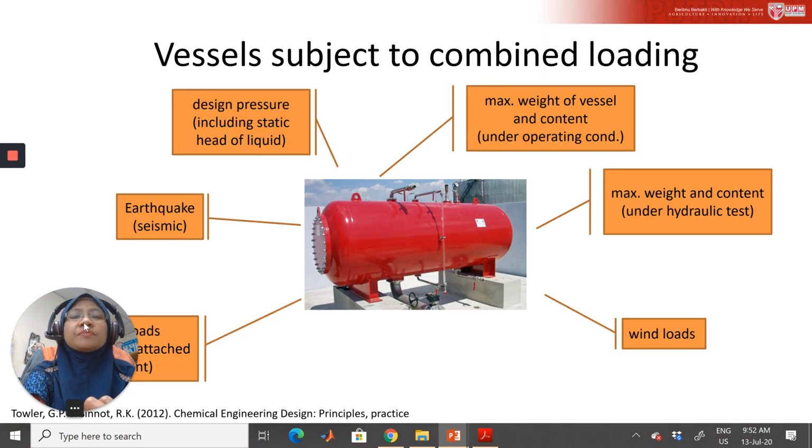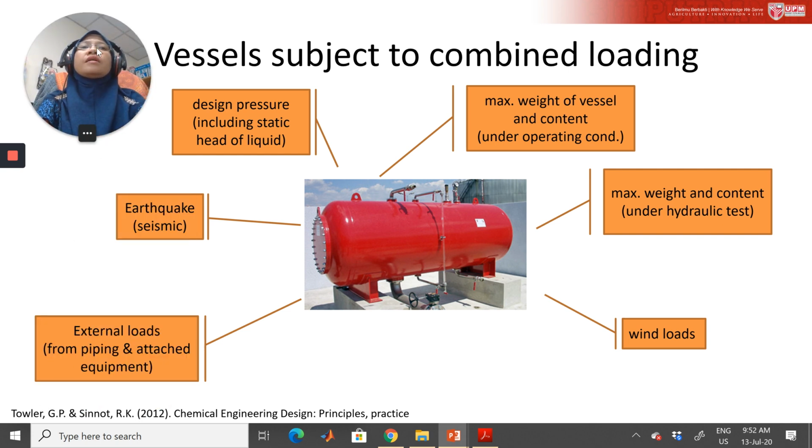As explained in the previous lecture, you should know by now that pressure vessels are subjected to several loads in addition to direct pressure, and you must design the pressure vessel to withstand the worst combination of loading without failure.